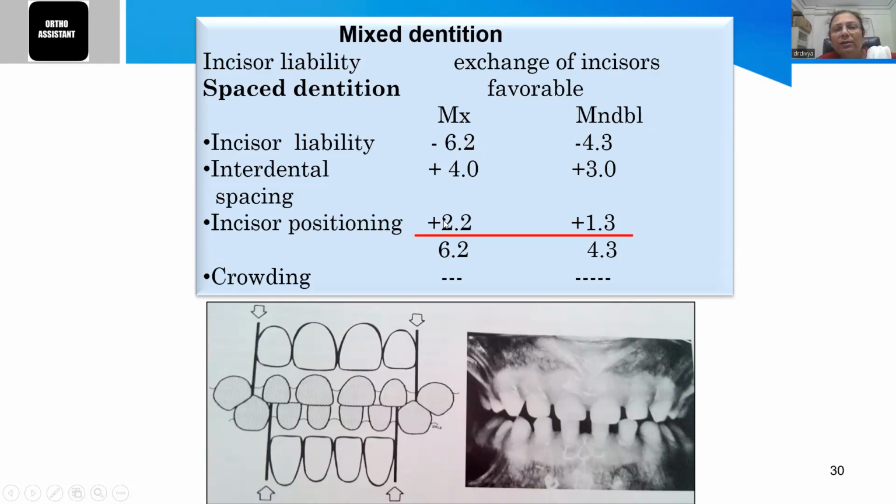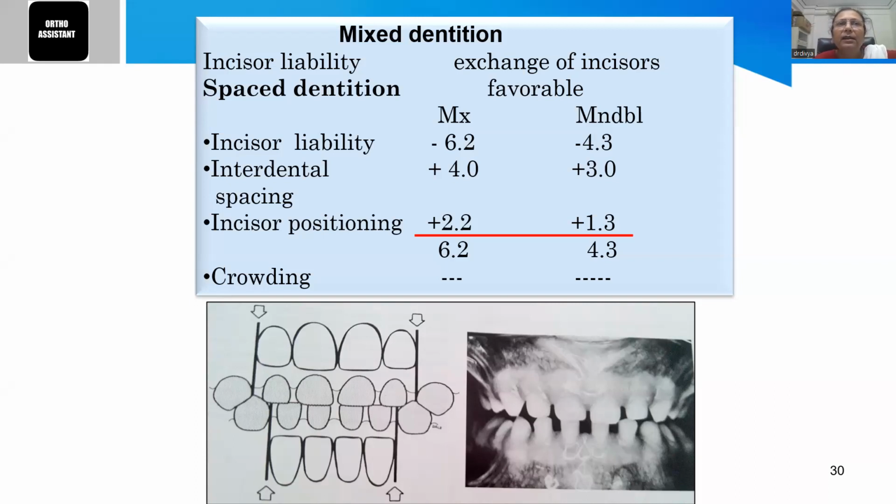Incisor positioning. First, you should understand that in the maxilla, the incisors come in the anterior position, meaning in a protrusive condition.